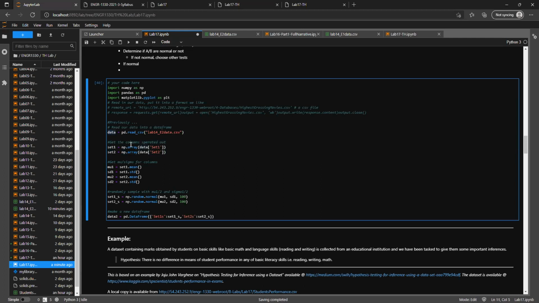This is the variable name for our data frame. And we're accessing column set 1 and accessing column set 2. So does the $1 million question, do these two lines, does anything need to change here? It's not really a $1 million question. It's more like $2.